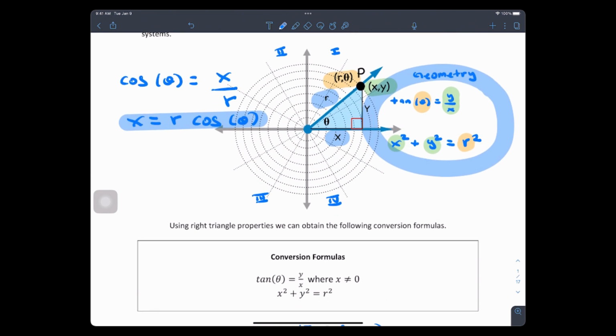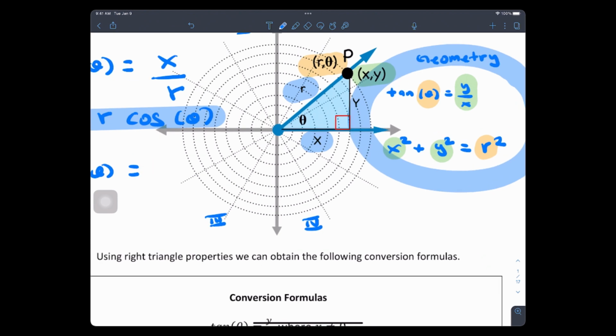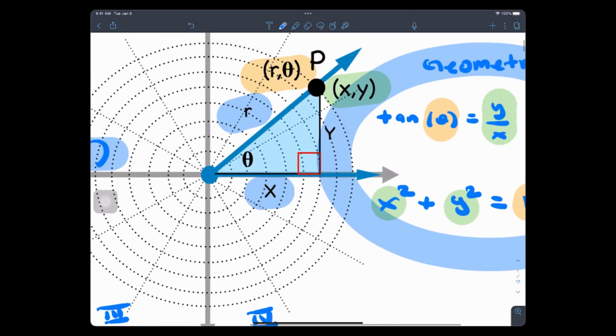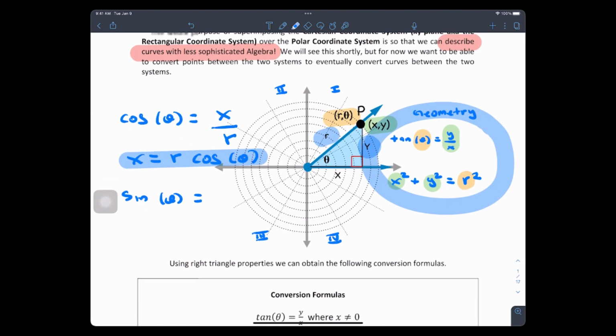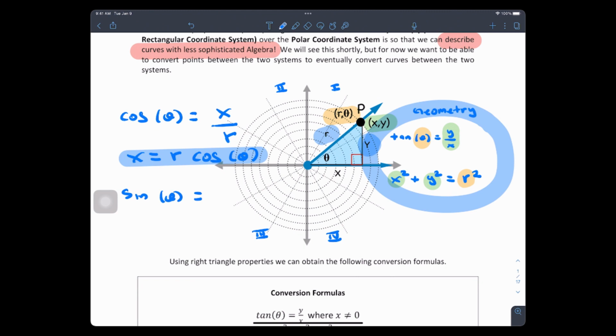Now, similarly, what's your definition of sine again here for this right triangle? Isn't sine opposite over hypotenuse? Opposite over hypotenuse? Y over R now? So we could do the same geometry.